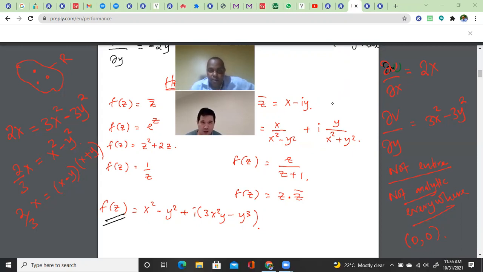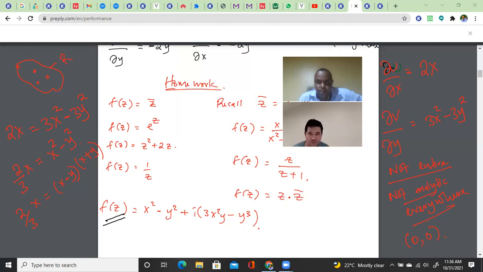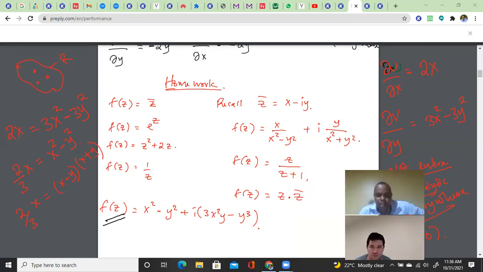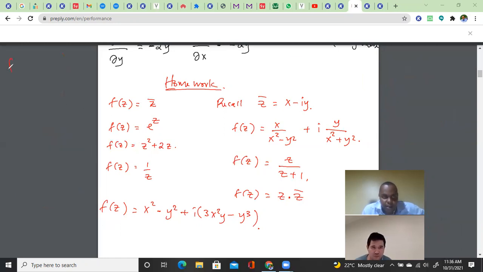I want to pick another function. Yeah, this one. f of z equals z squared plus 2z. Is it analytic?